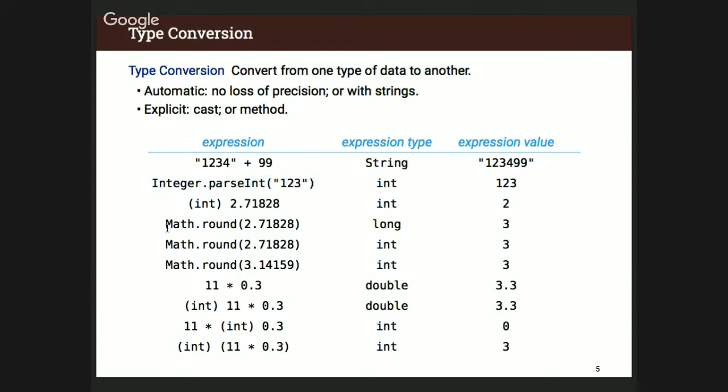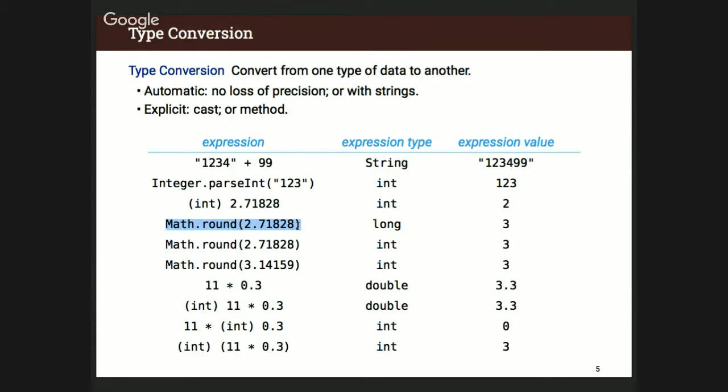And there are other routines that do the same kind of thing. Math.round. This Math.round takes a double value and sends back something that's called a long. So I don't want to upset you, but there are more types than we've talked about in Java. Long is just a kind of int.